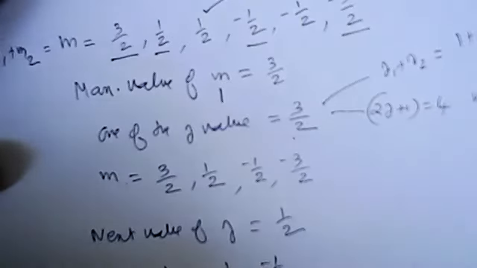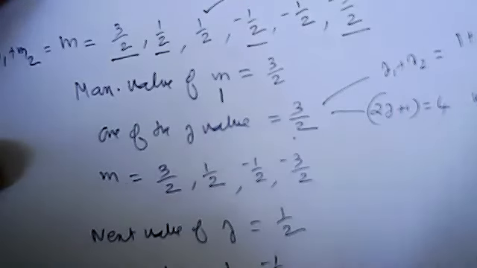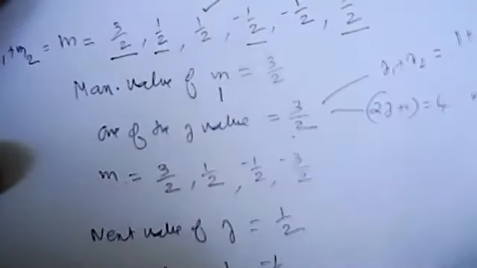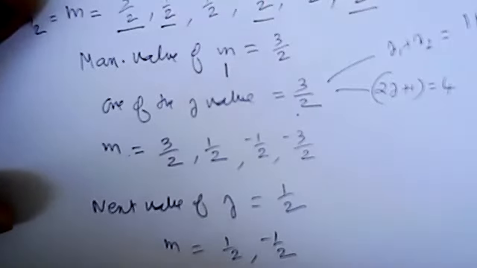Now is there any j value possible? Can you further do minus 1, so that j equal to half minus 1, that is minus half? No, j can have only positive values. Also no other m values remain here. So j can have only positive values.